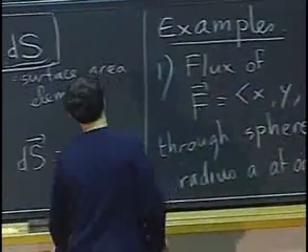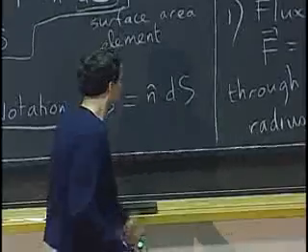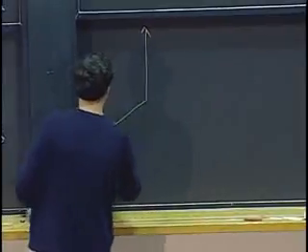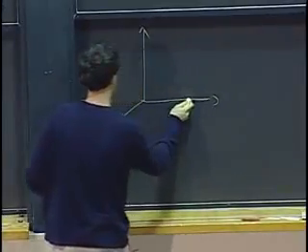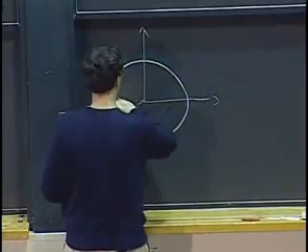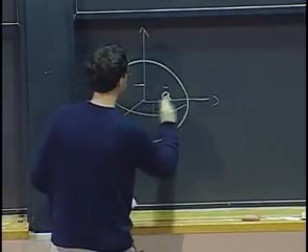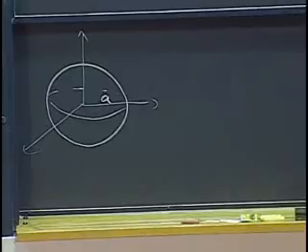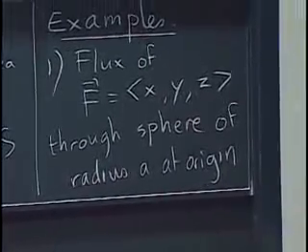Okay, so what does the picture look like? So we have a sphere of radius a. I have my vector field. Well, x, y, z, that's a vector field that's equal to the vector from the origin to the point where I am.